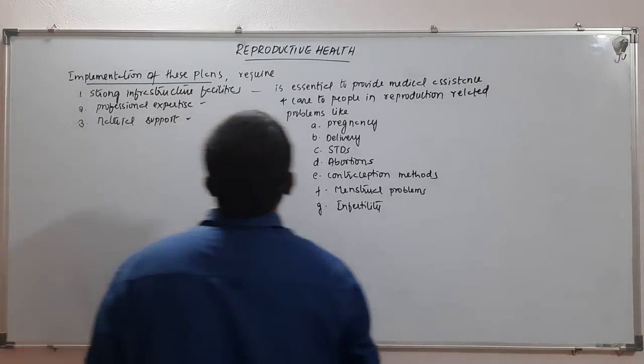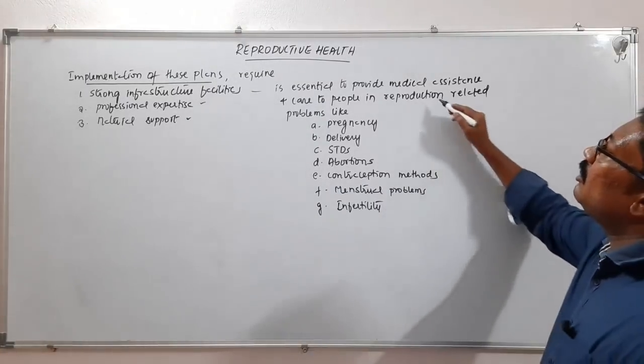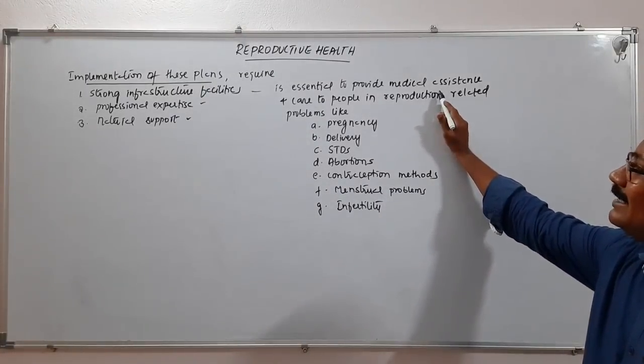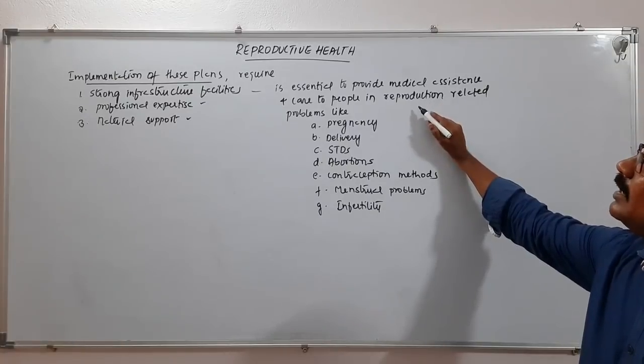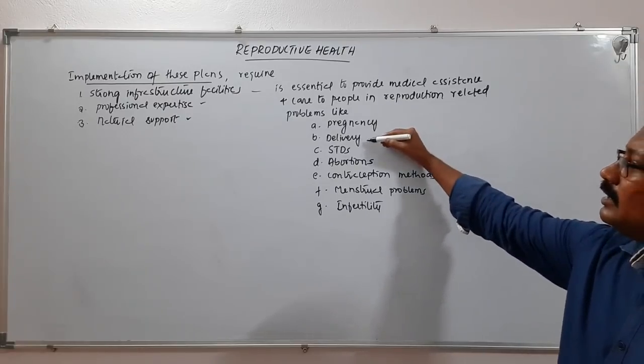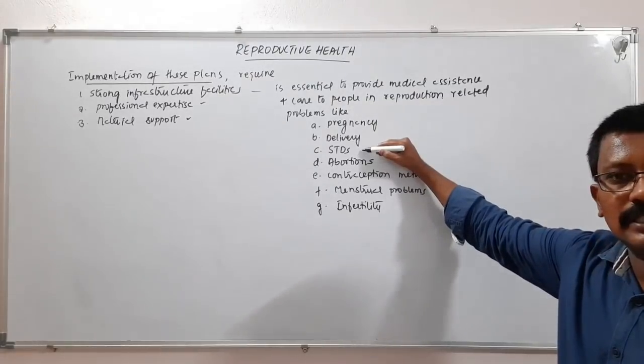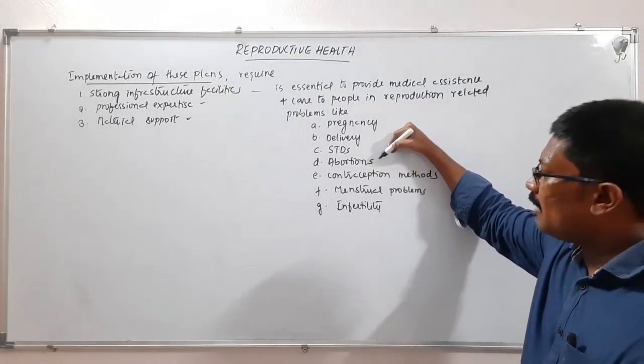Now when coming to these strong infrastructure facilities, they are very important as they provide medical assistance and care to people in reproduction related problems like pregnancies, delivery of newborns, STDs, sexually transmitted diseases, then abortions.